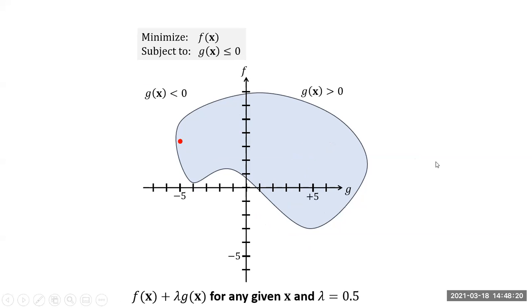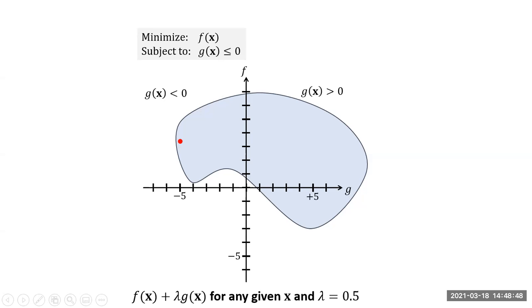Now, this is an x, and we have a point here. Let's say we are given x, and lambda we are given 0.5. So we are given some value of x, we can find the point.